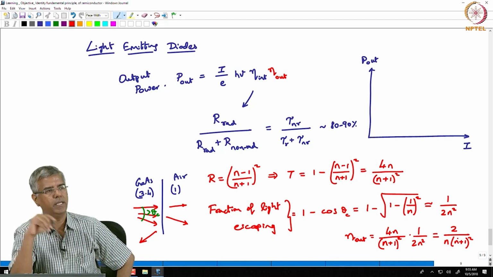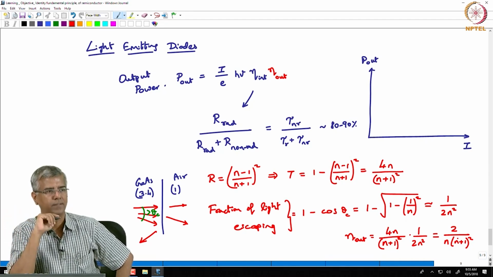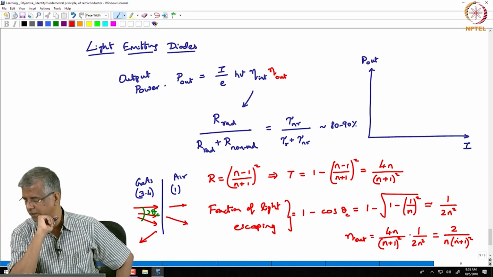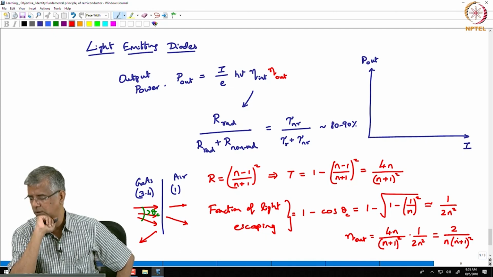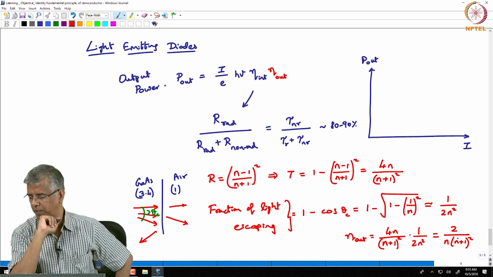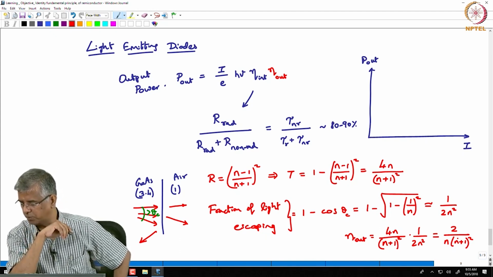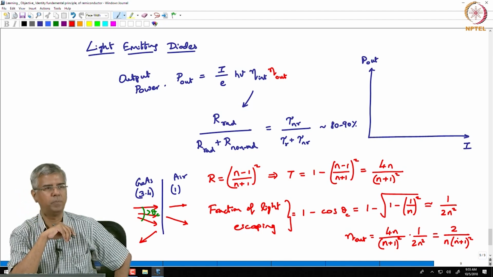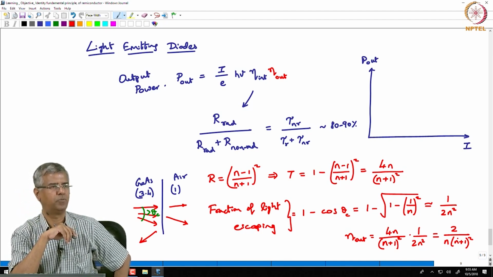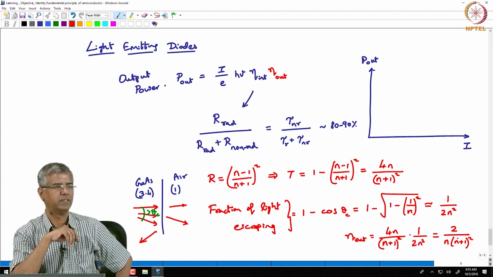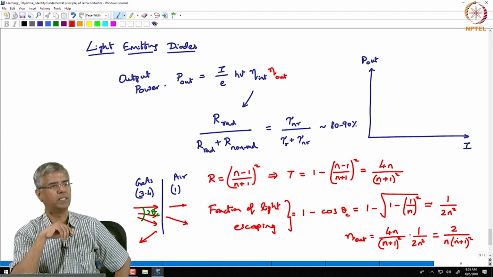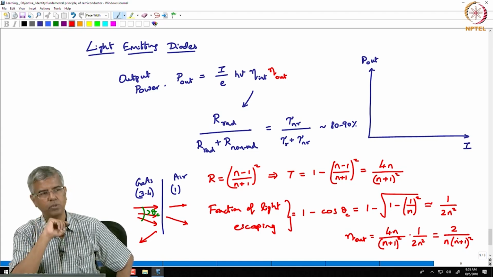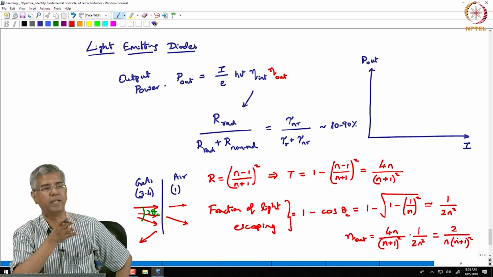If you put both together, you get another factor, eta out, given by 4n over (n plus 1) squared multiplied by 1 over 2n squared, which is equal to 2 over n multiplied by (n plus 1) squared, since the n's cancel. Only a fraction of the emitted light actually comes out of the structure. Substituting n equal to 3.4, that is 2 over 3.4 multiplied by 4.4 squared, which is just a few percent of the light.